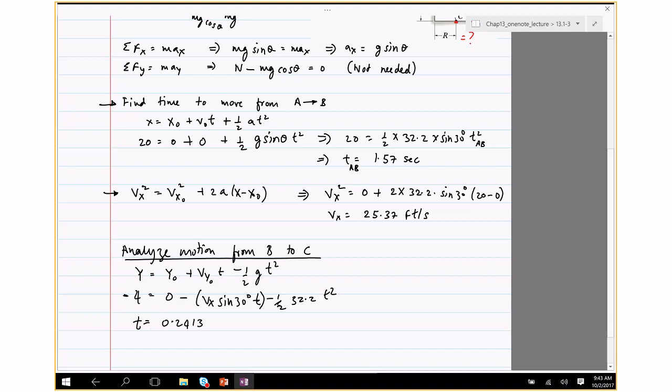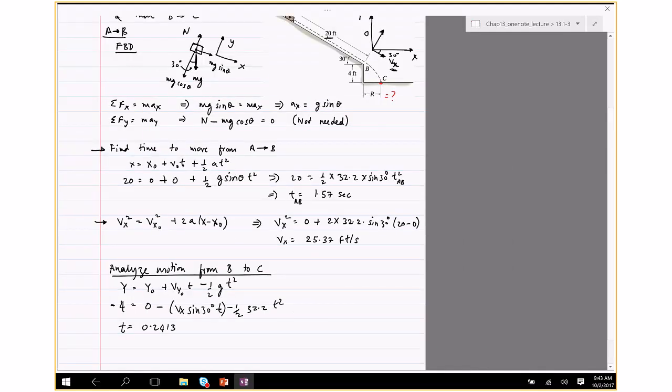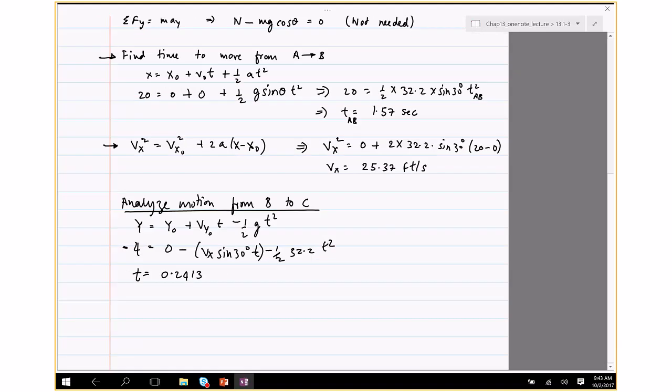Okay, and the final thing to do is to analyze the distance R. So I'm going to use x. R is simply x equals x0 plus Vx0 t. There is no acceleration in the horizontal direction, so it's motion under uniform velocity.